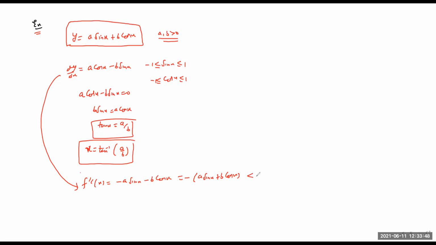So if we are solving it in the first quadrant, sin and cos are positive, so this is a negative number.